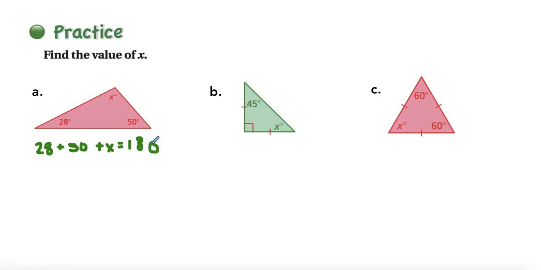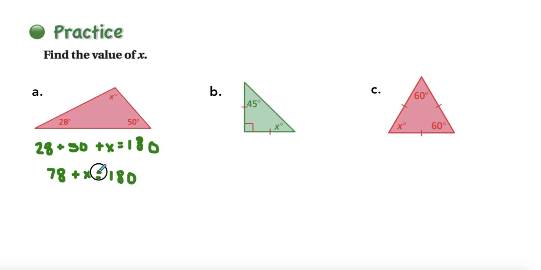Before I solve for x, I'm going to simplify 28 plus 50. I'm going to rewrite this as 78 plus x is equal to 180.